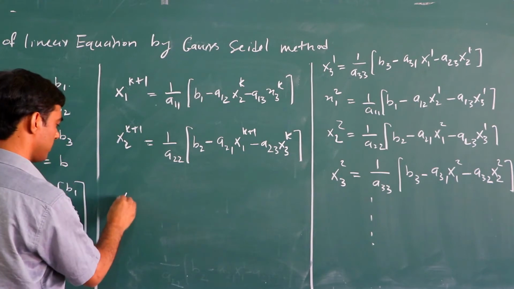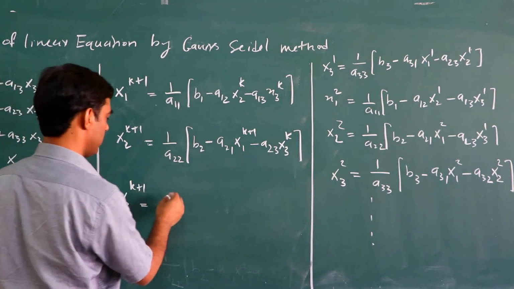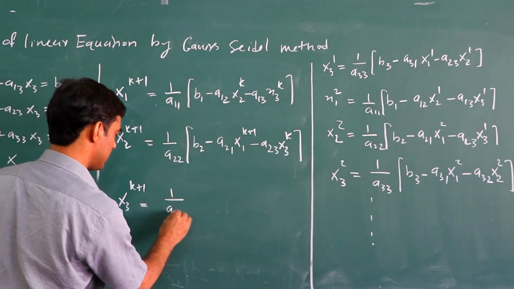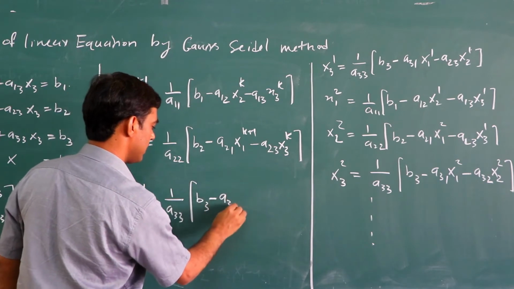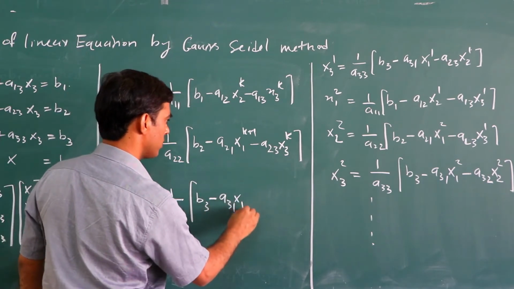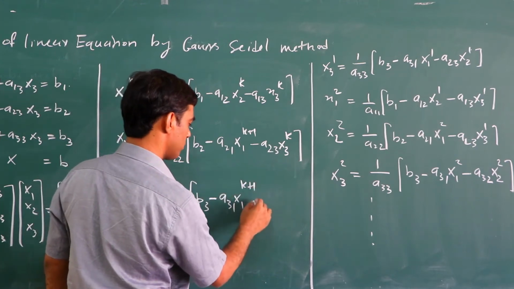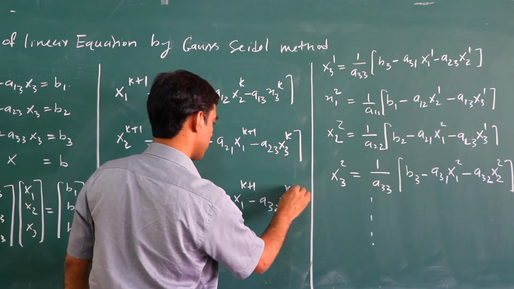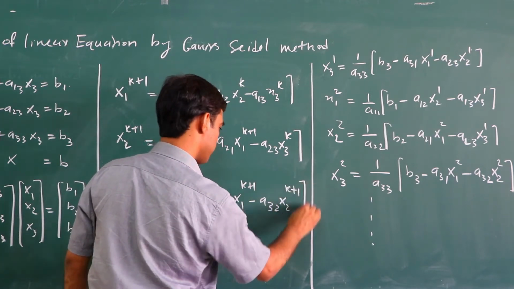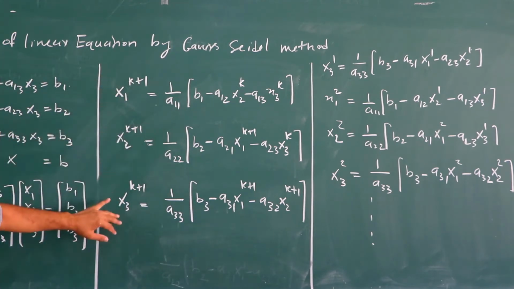And x3 to the power k plus 1 equals 1 upon a33 times v3 minus a31 x1 to the power k plus 1 minus a32 x2 to the power k plus 1.